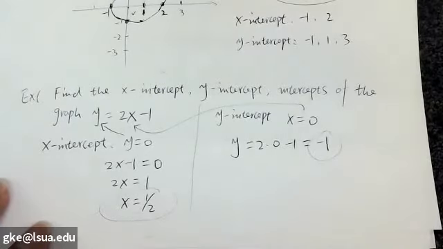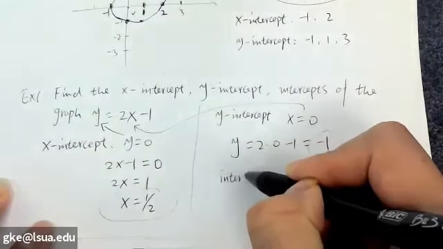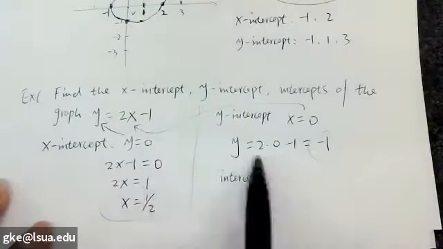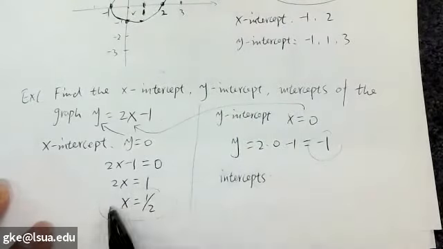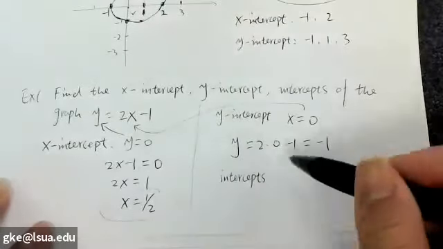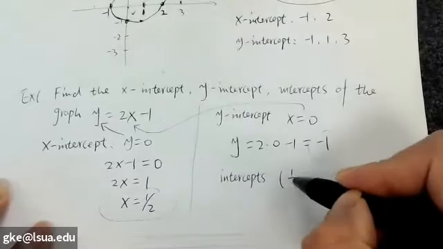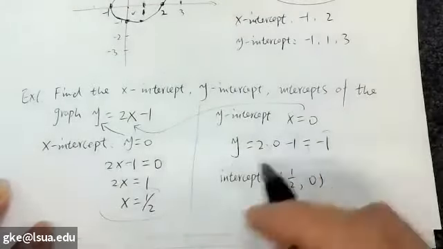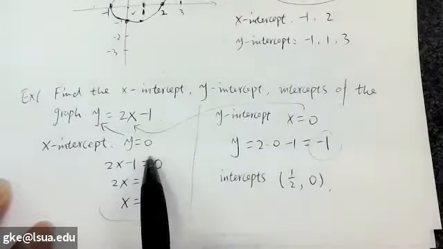Now for the intercepts, it's going to be the combination of these 2 points. The first point starts with the x coordinate 1/2 and 0.